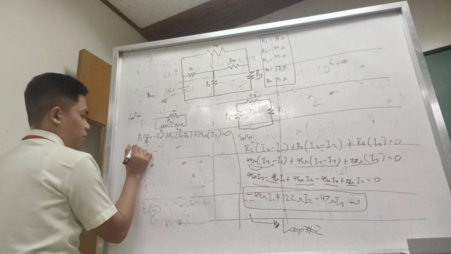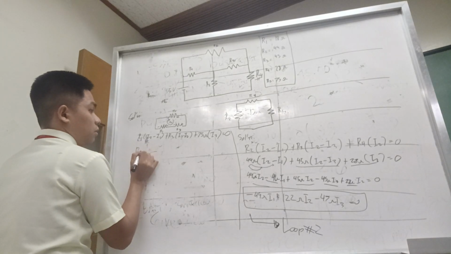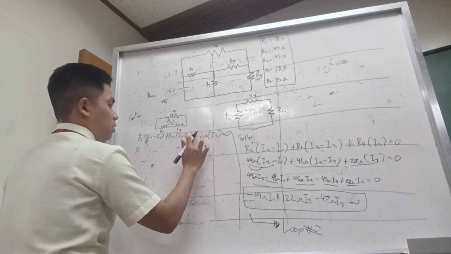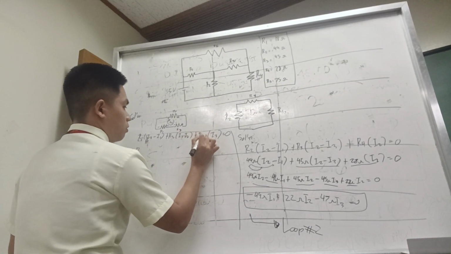So we need to input all these things. I mean, this is R5. We need to input it now.